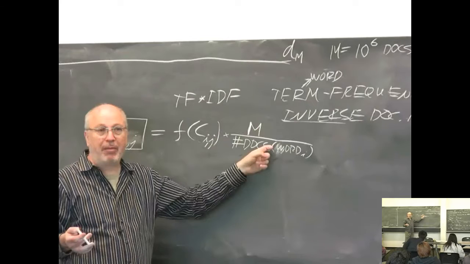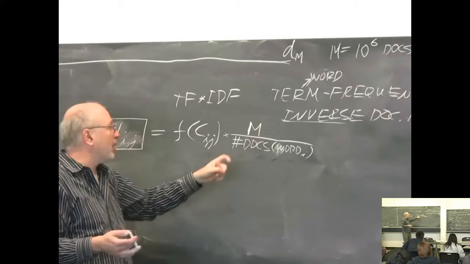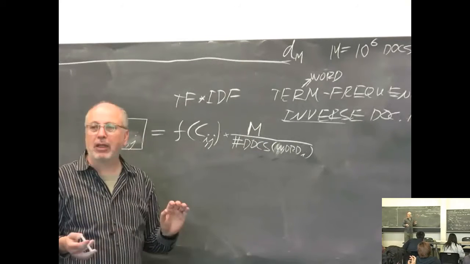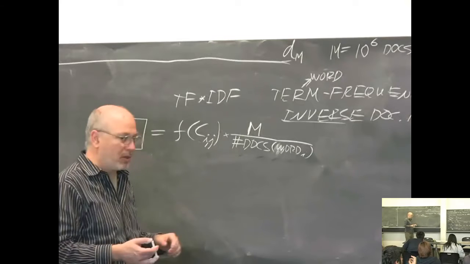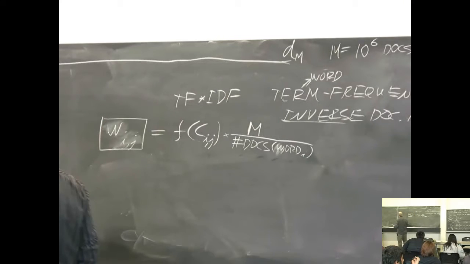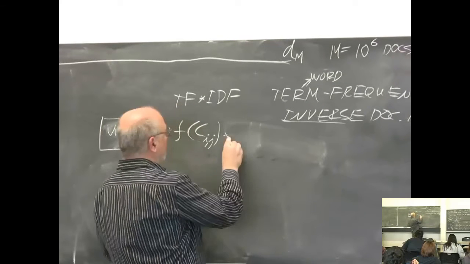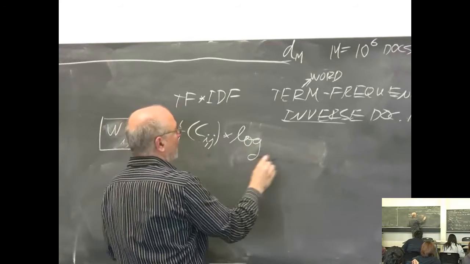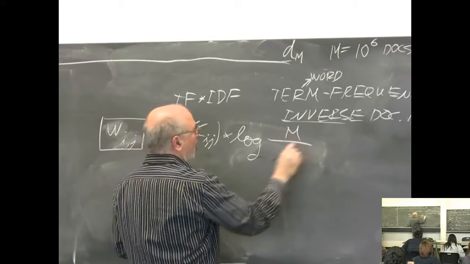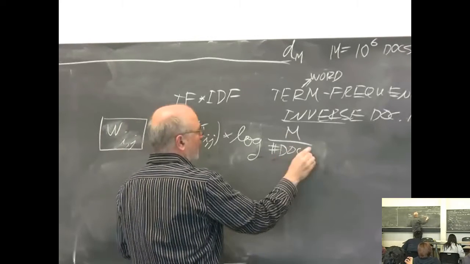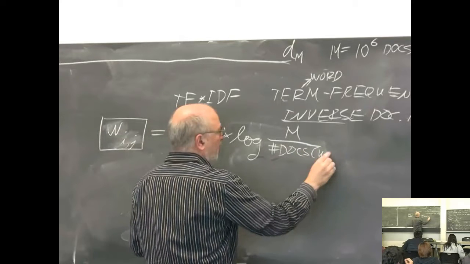And m over m would be 1. I don't want to multiply by 1. I want to make it completely non-informative, so I will take the log of this. Log of m over the number of documents containing the word I.